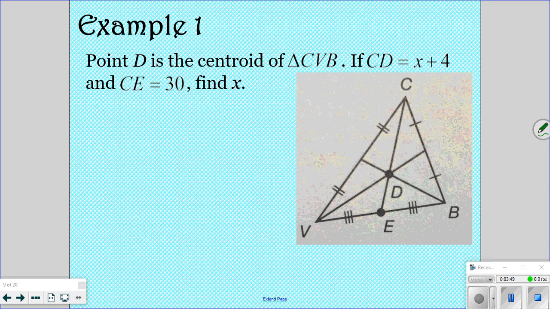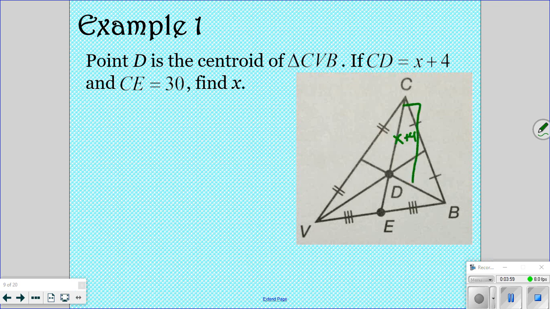So we want to find x here. It tells us that D is our centroid, and it says CD is x plus 4, and CE, that's the whole thing, is 30. So we need to make our formula first. CD is 2/3 of the whole thing, which is CE. So that's your formula you want to make.